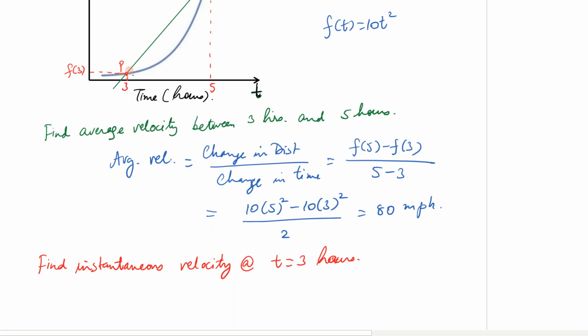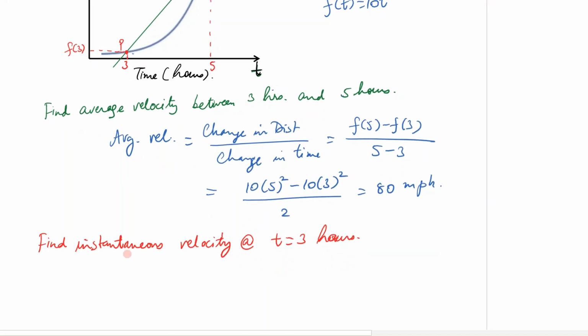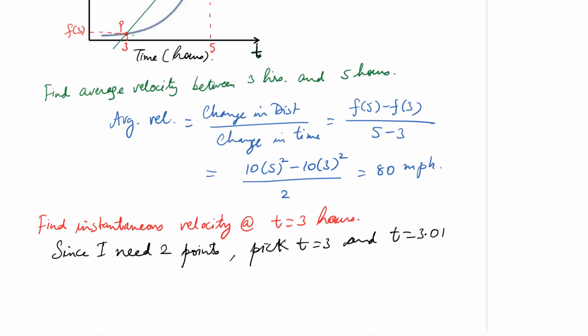Since we need 2 points, I can approximate the instantaneous velocity by picking 3, and also a point that is really close to 3. So let's say I'm picking 3 and 3.01.